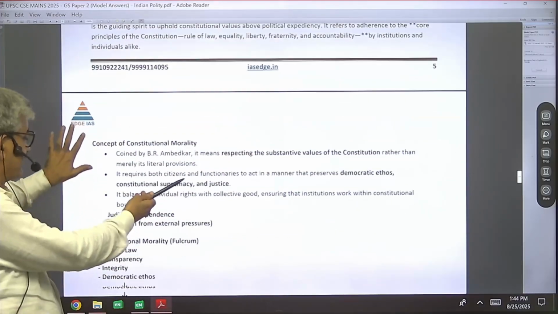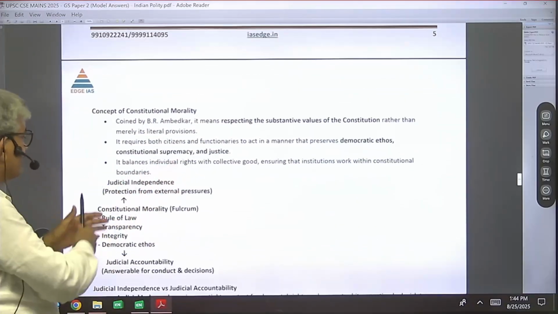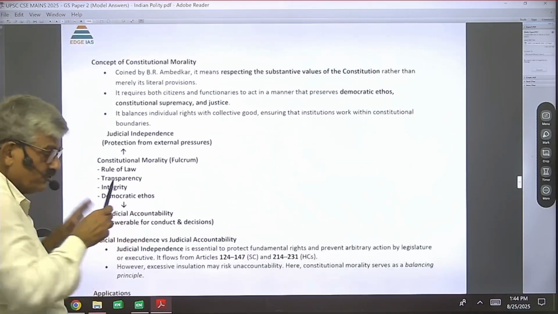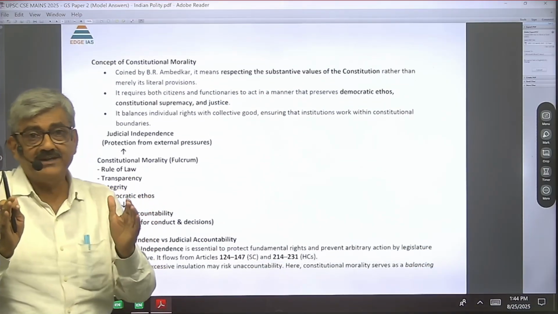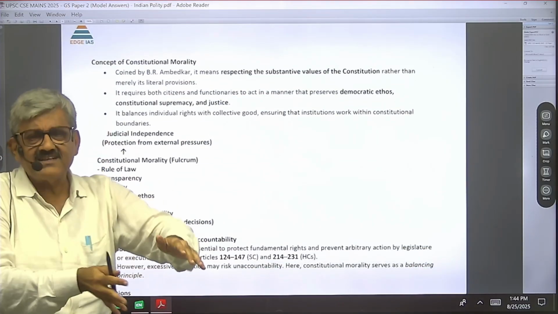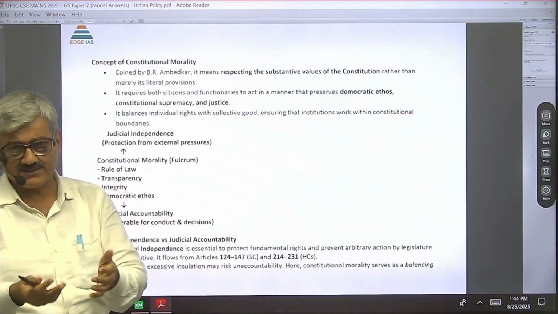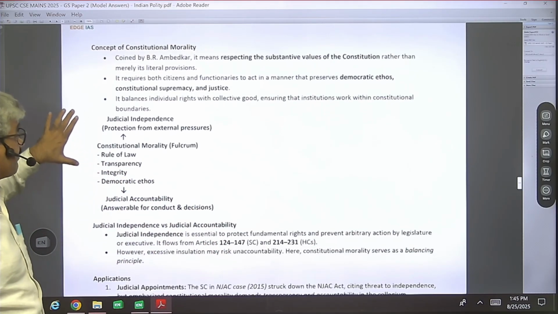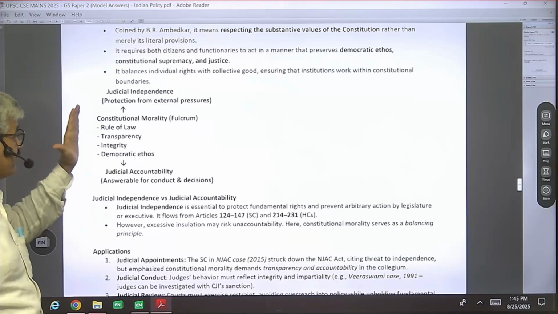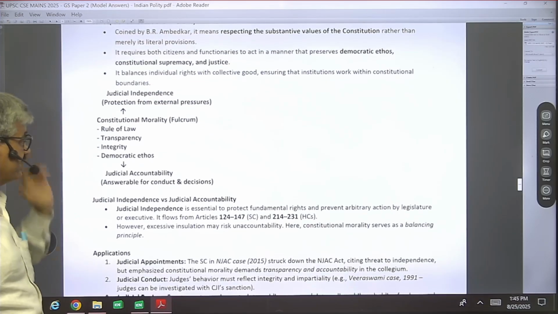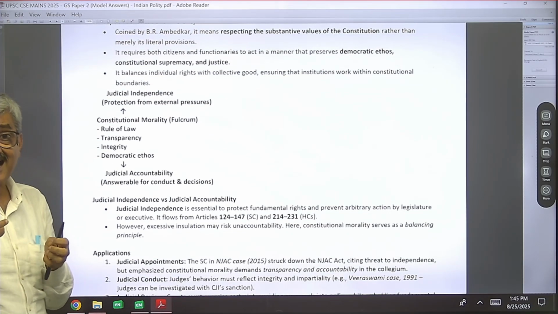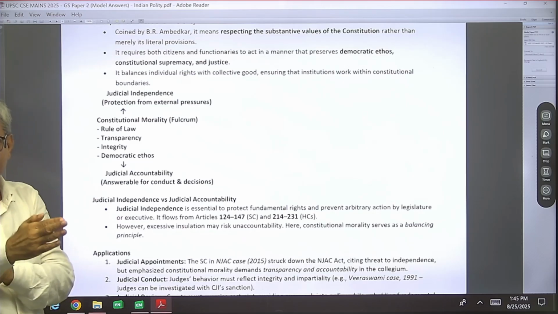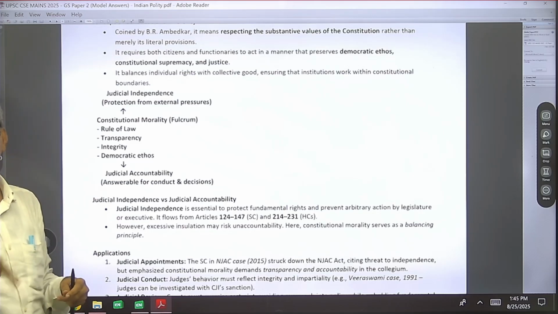So we have mentioned Ambedkar's opinion, and how the judiciary can function independently. There are certain inherent structures and mechanisms in the Constitution that we have discussed. But that apart, constitutional morality, rule of law, transparency, integrity, and democratic ethos are the basic axes on which the independence of the judiciary revolves.